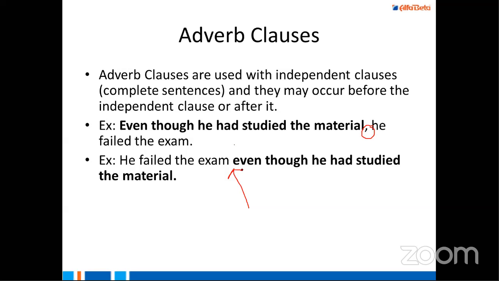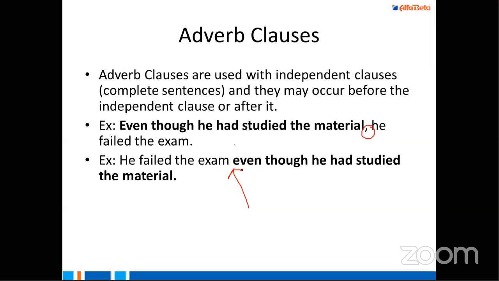Whenever you start this kind of complex sentence with an adverb clause, you start with words like though, even though, because. Then there must be a comma between the two clauses. Now when though, even though, because, etc. are in the middle of the sentence, the adverb clause is the second clause in the sentence. No comma is needed.